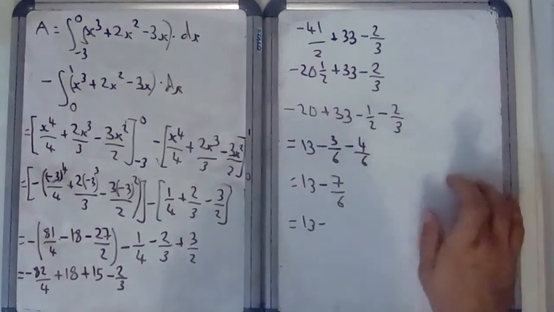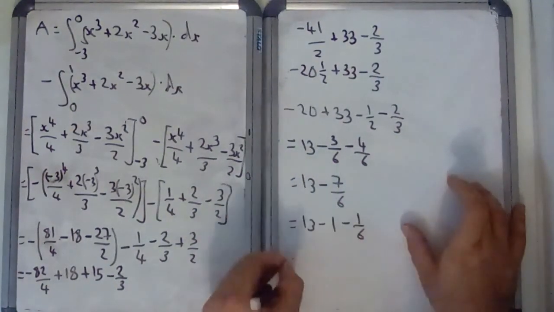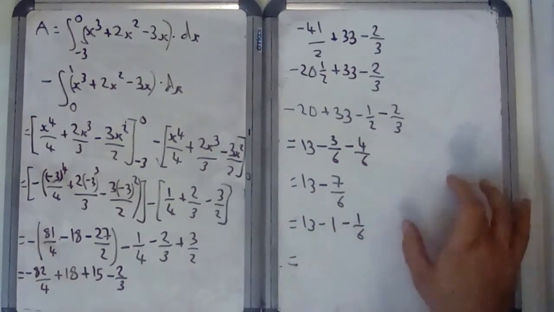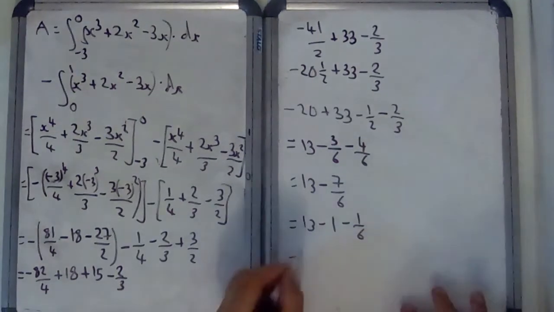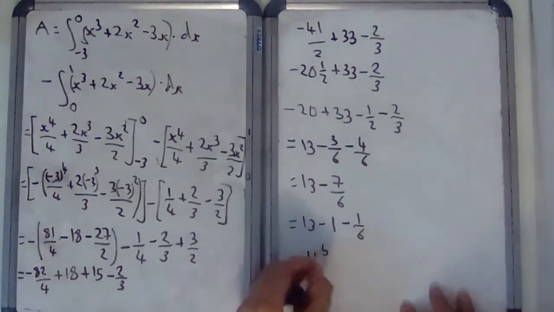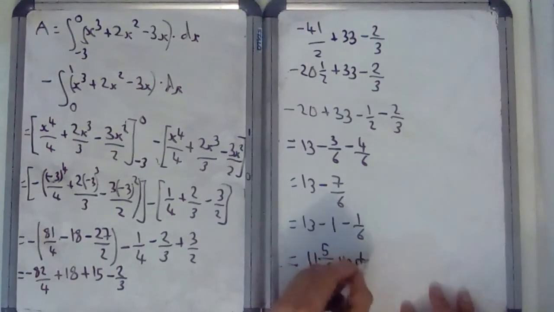Well, 7 over 6 is 1 and 1/6, so minus 1 and then minus another sixth. So finally, 13 minus 1 is 12. 12 minus 1/6 is going to be 11 and 5/6 units squared.